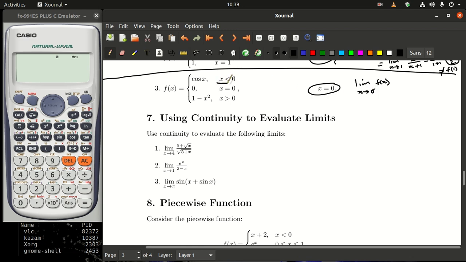A negative value is only contained in this interval here. This function here is going to be a cosine of x. If I take this 0 and plug it inside here, what is cosine of 0? It is just 1. So on the left, I get a 1.